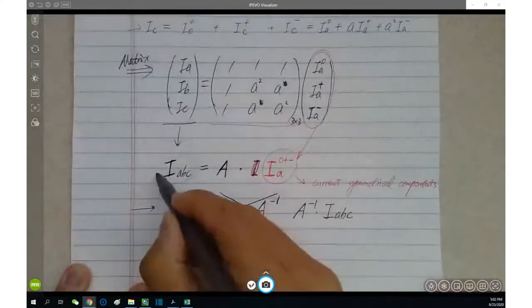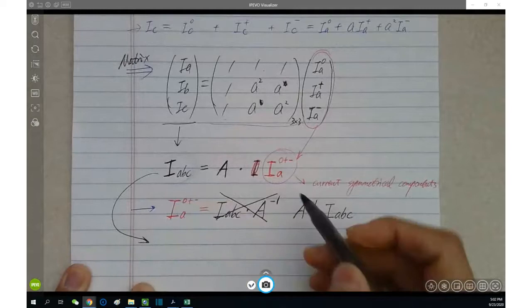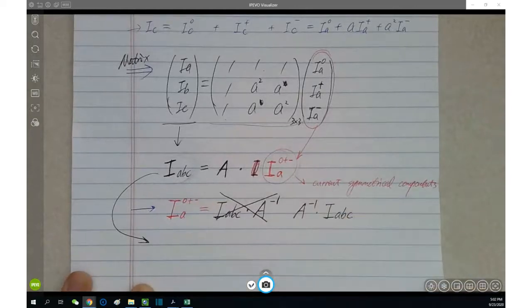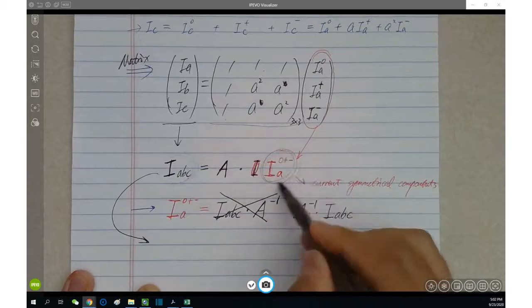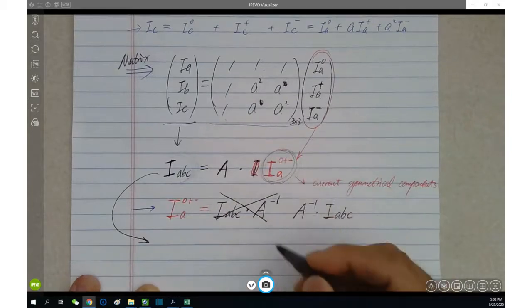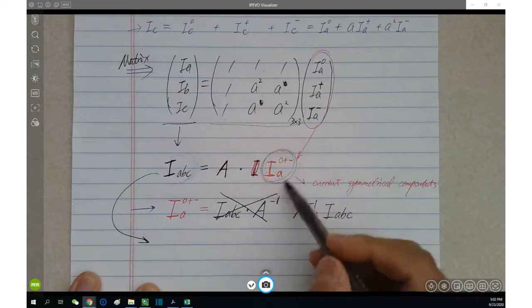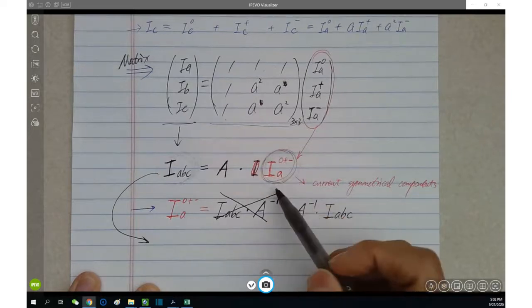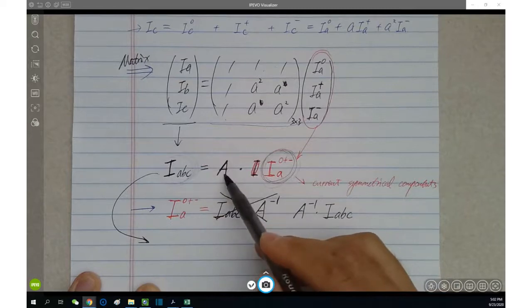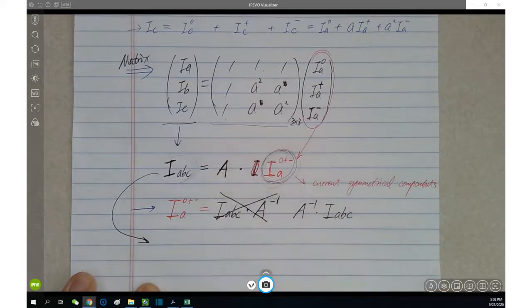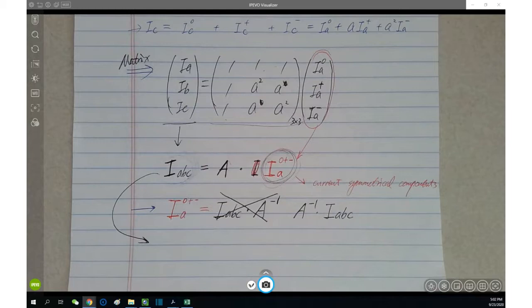So from here, let's see how to derive the symmetrical component. This is our goal. From this equation, how do we derive this one? In algebra, to isolate a constant or variable here, what do you do? Divide by a on both sides, right? However, in matrix algebra, you do not have a division operation.